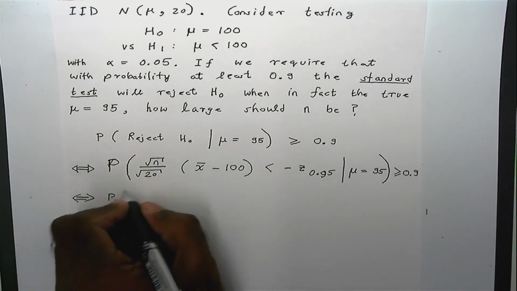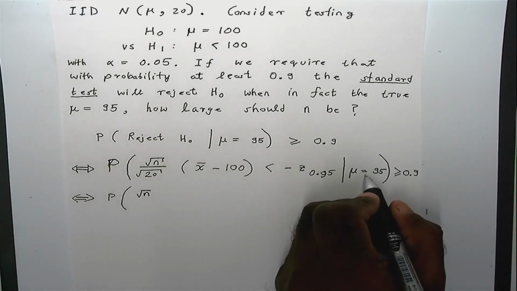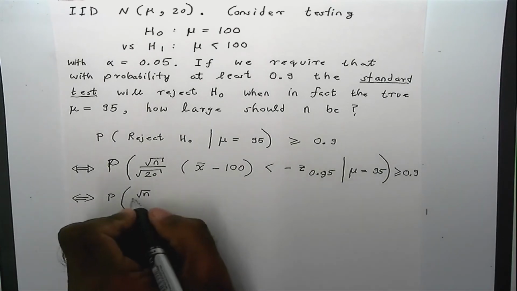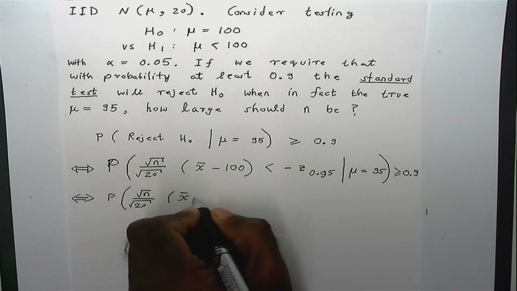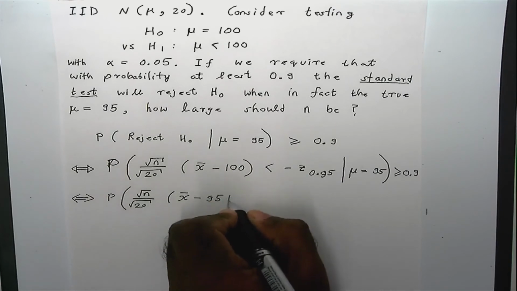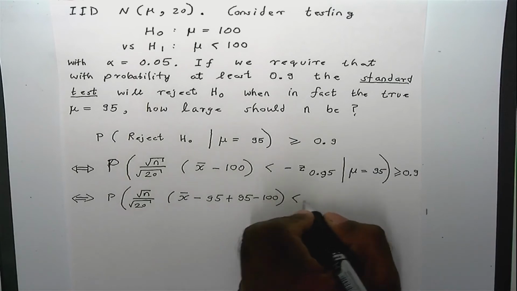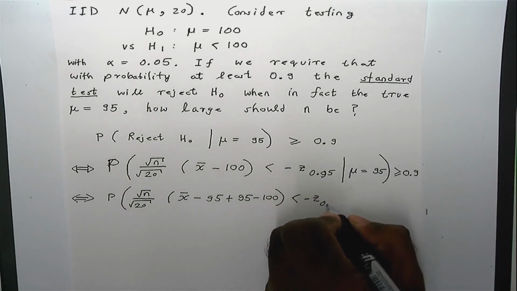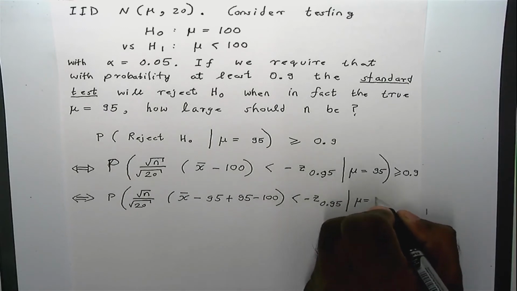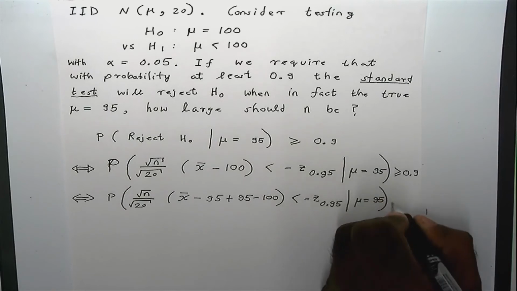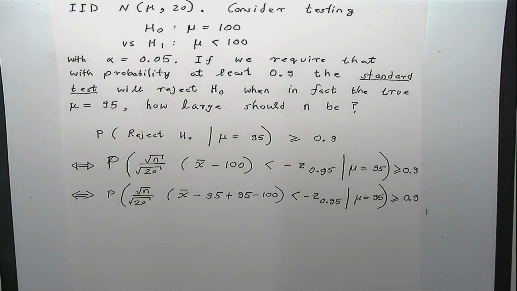The first thing I'm going to do is, because we are conditioning on the fact that the true population mean is 95, I'm going to do the following trick, which I did already before. Okay, this is what you get.